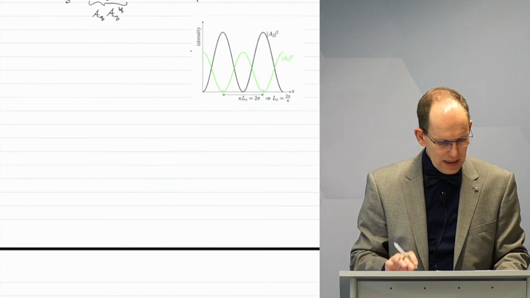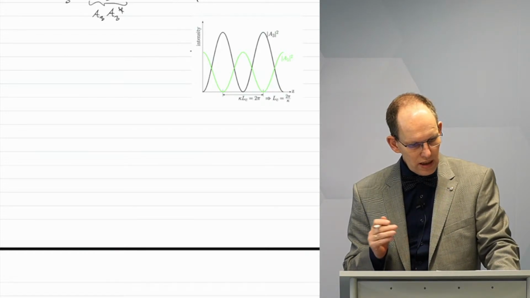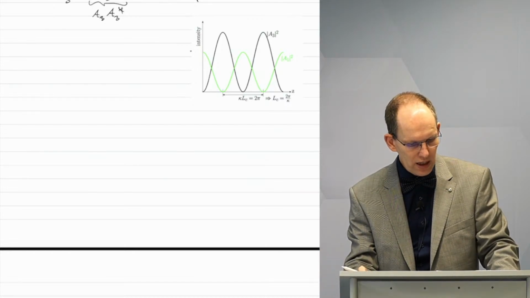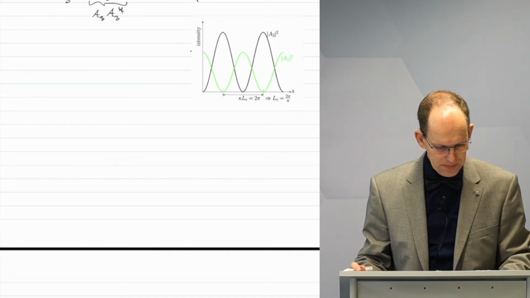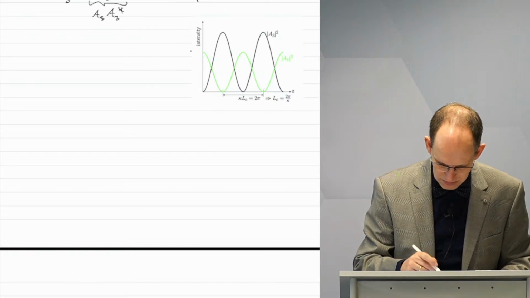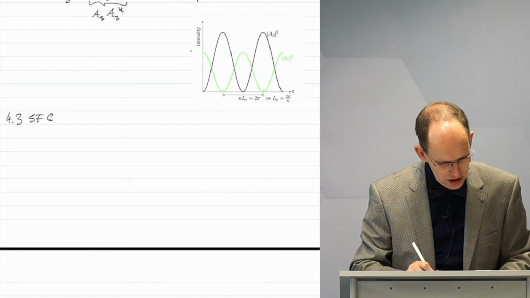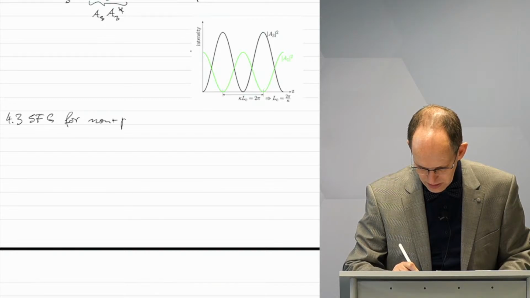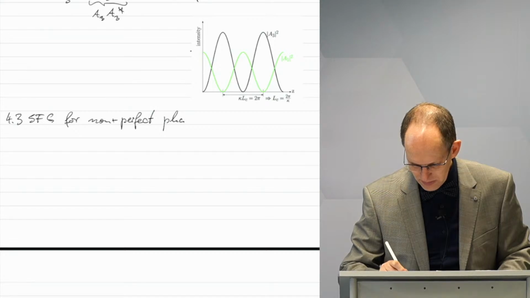Okay, now let's see what comes out for sum frequency generation in the undepleted pump approximation as so far, but now where phase matching is not perfect. So this would be 4.3, sum frequency generation for non-perfect phase matching.